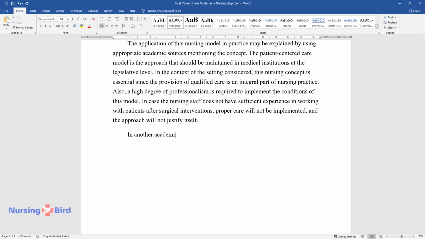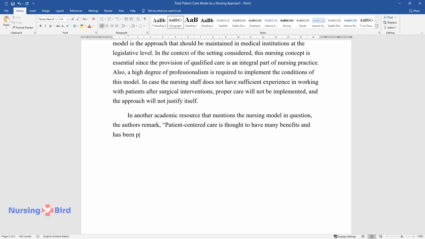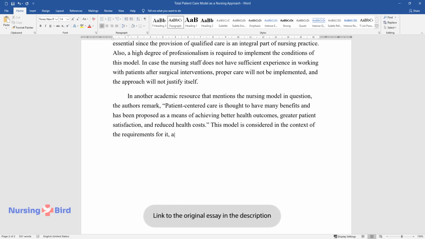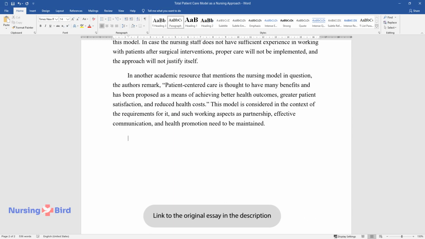In another academic resource that mentions the nursing model in question, the authors remark, "Patient-centered care is thought to have many benefits and has been proposed as a means of achieving better health outcomes, greater patient satisfaction, and reduced health costs." This model is considered in the context of the requirements for it, and such working aspects as partnership, effective communication, and health promotion need to be maintained.